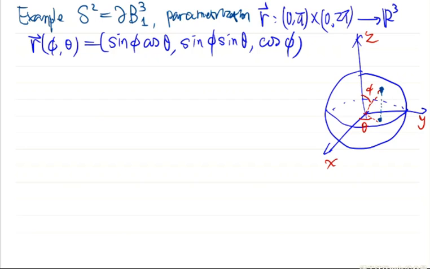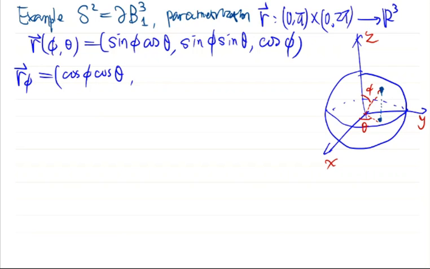Now, using this parametrization of the sphere, we compute the area of the sphere, and the computation is a little tedious. You can check that the derivative with respect to phi is obtained by taking the derivative of every component with respect to phi. Therefore, the first component is cosine phi cosine theta.